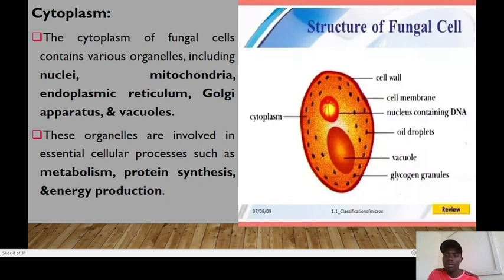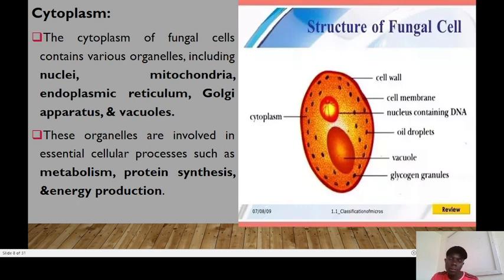So the cytoplasm of fungal cells contains various organelles, including the nuclei, the mitochondria, endoplasmic reticulum, Golgi apparatus, and the vacuoles. All right, guys, a link will be popping up on the cellular organization. You can appreciate these different types of organelles and their functions. These organelles are involved in essential cellular processes. It could be metabolism, protein synthesis, or energy production.